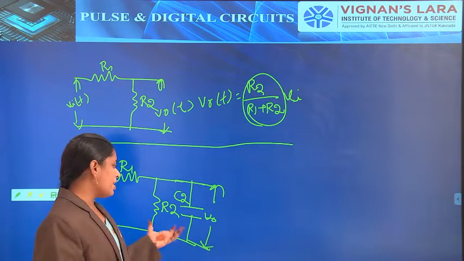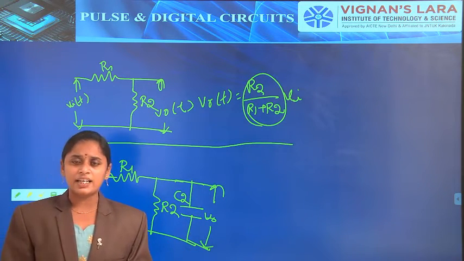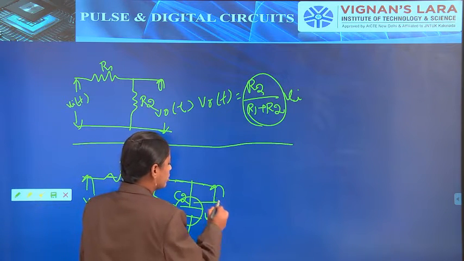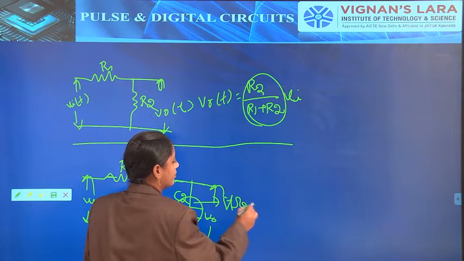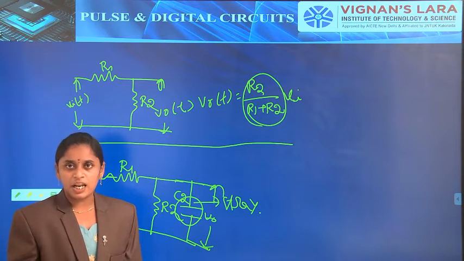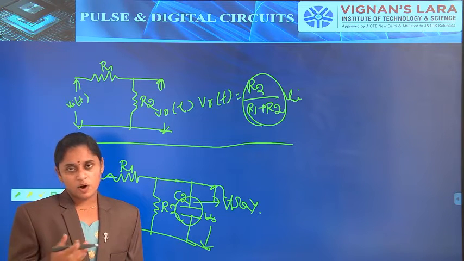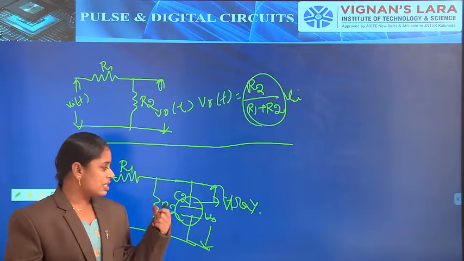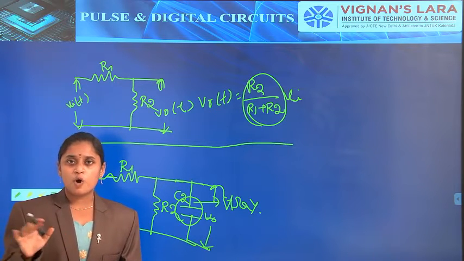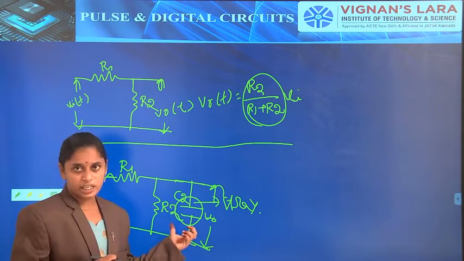So what happens when stray capacitance is added across the resistor? Due to this stray capacitor, it generates some disturbance or distorted signal. That is a major problem caused by the stray capacitance.